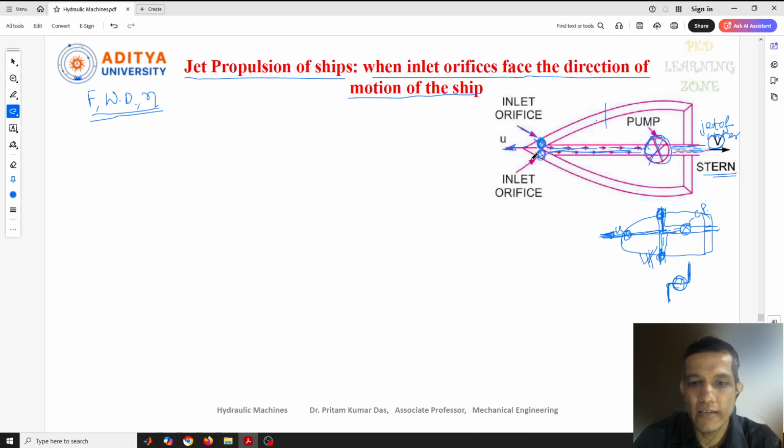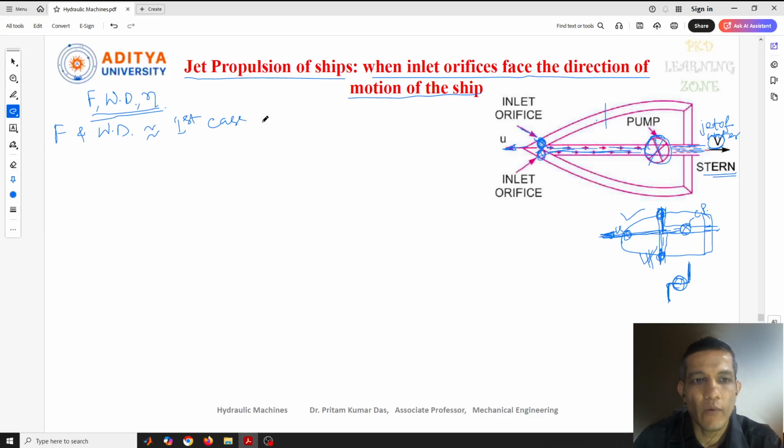For this condition, the propelling force and the work done will be equal to what we got for the first condition.